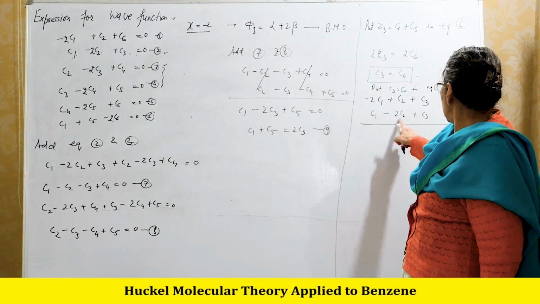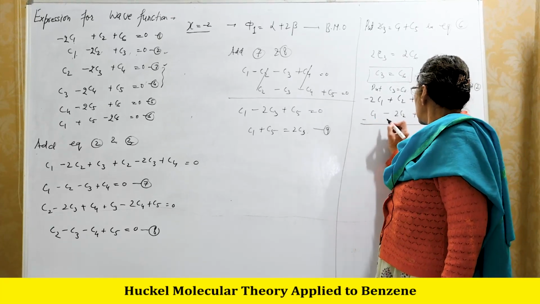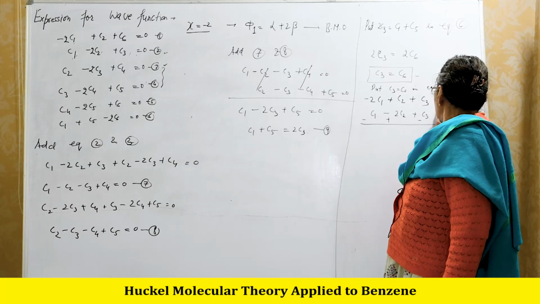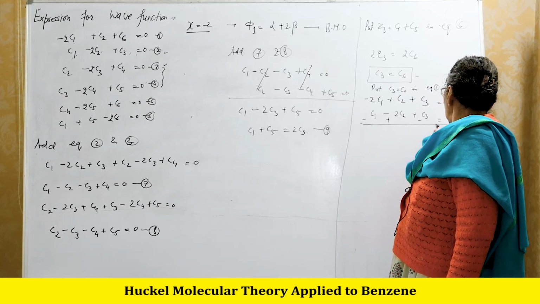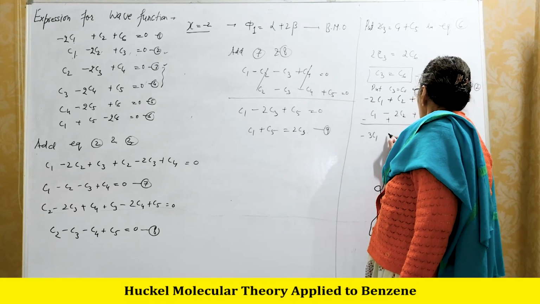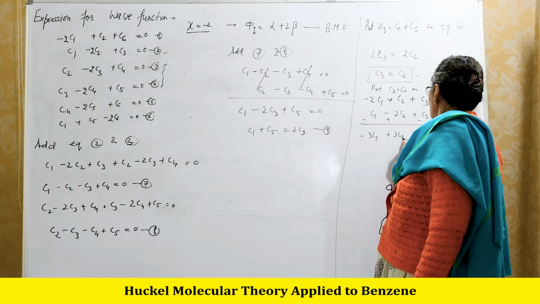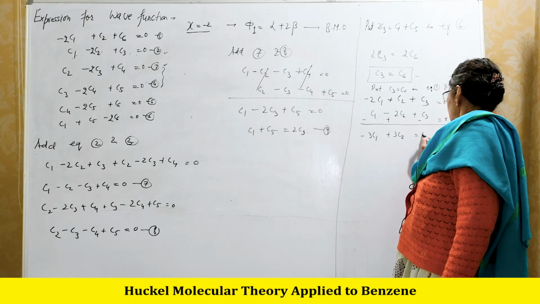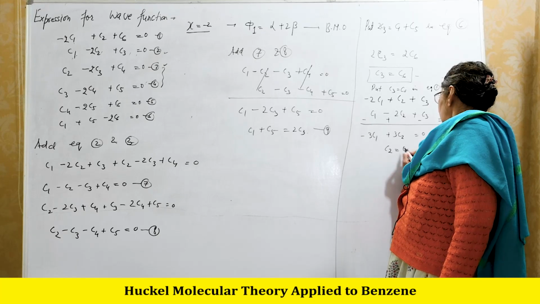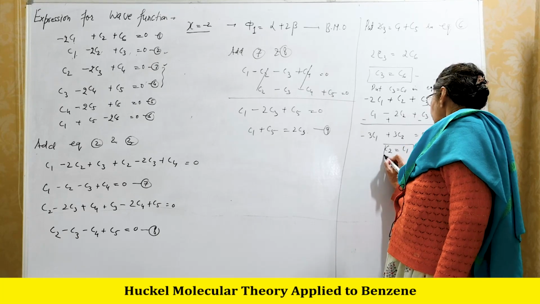C1 minus 2C2 plus C3. Minus, plus and minus. This is 0, this is 0. So you get minus 3C1 plus 3C2 equal to 0. So here you get C2 is in terms of C1.